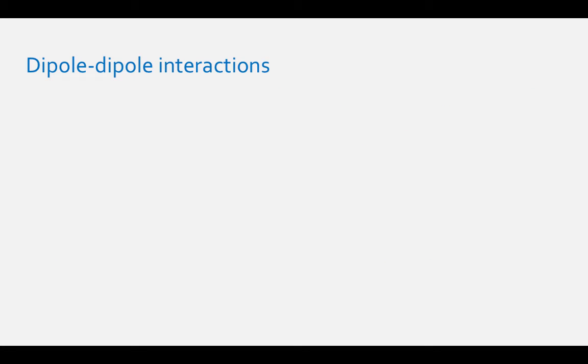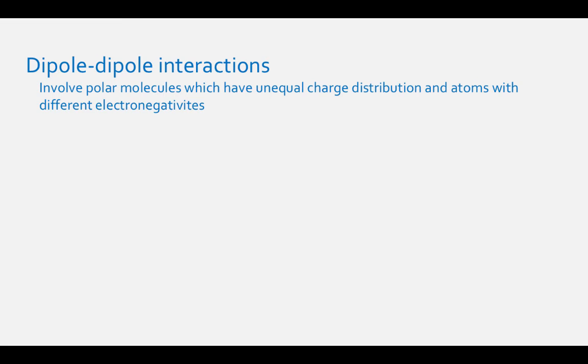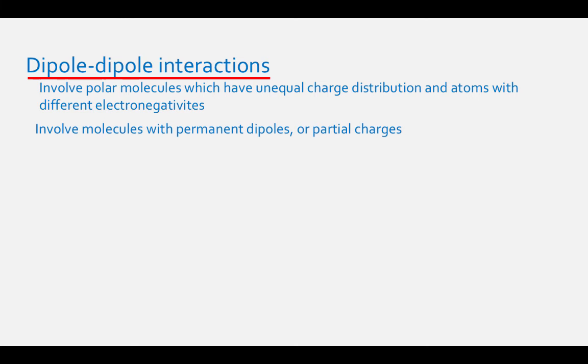The next type of intermolecular forces we will consider involve only polar molecules. Polar molecules are ones that have unequal charge distribution. Polar molecules contain atoms with different electronegativities. The weakest of these intermolecular forces is dipole-dipole interactions, and they involve molecules with permanent dipoles, or partial charges.